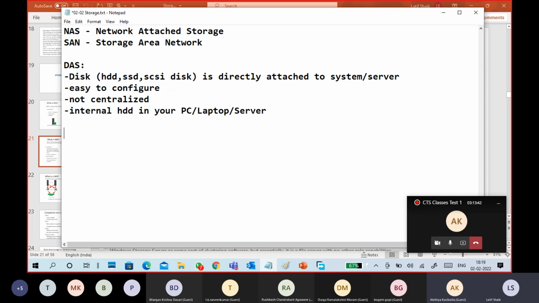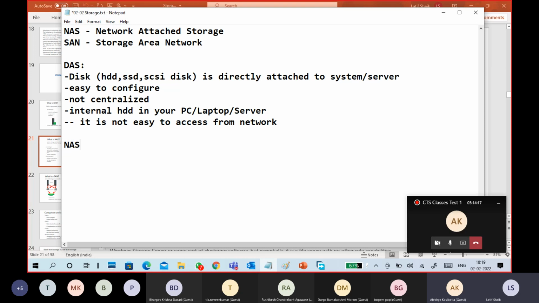Okay, it is not easy to access by everyone from the network.